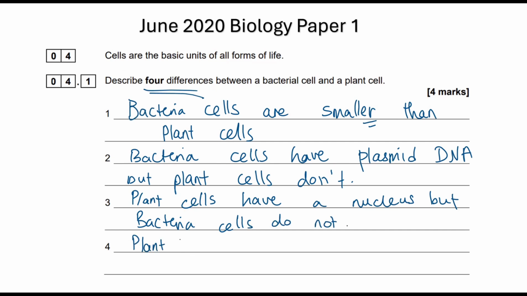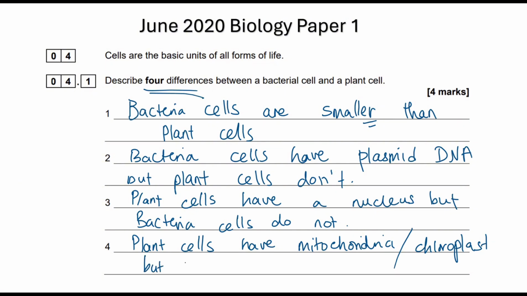Plant cells have chloroplast or mitochondria. You could say either one. But bacteria cells do not. I hope you get the idea of this and how repetitive they are.